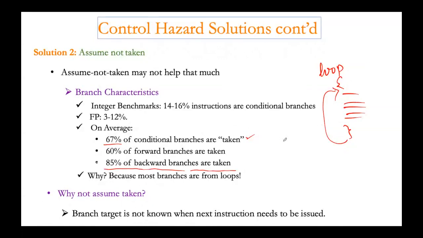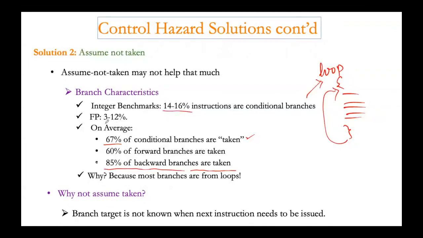On average, 60% of forward branches will be taken, but 85% of backward branches will be taken. For the integer benchmarks, 14 to 16% of instructions are conditional branches, like loops.